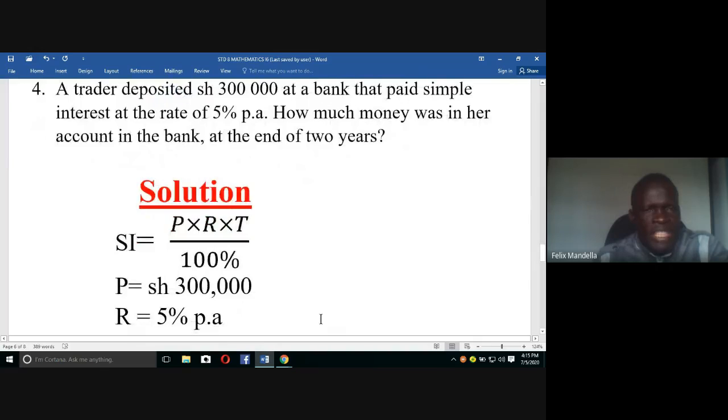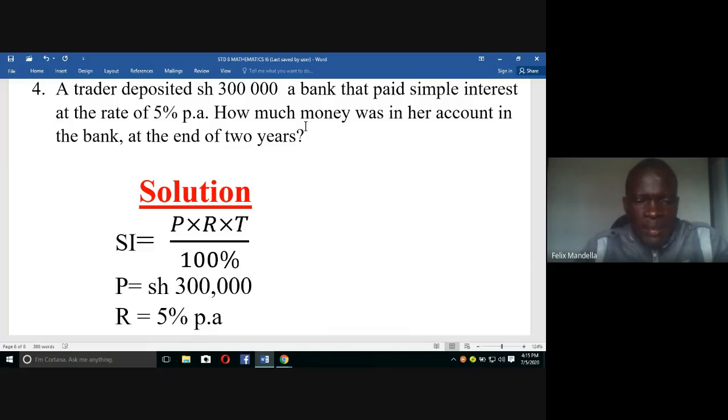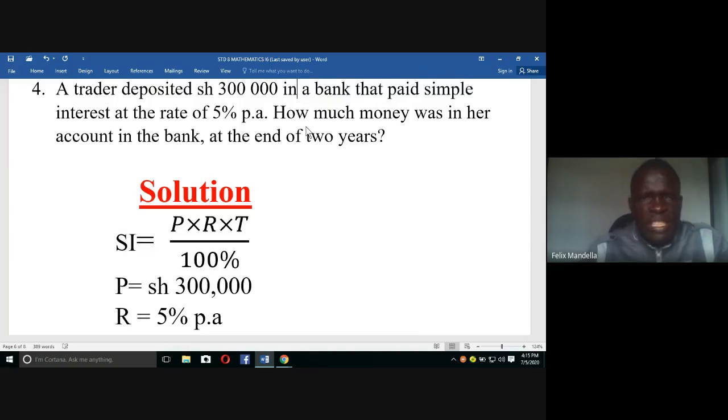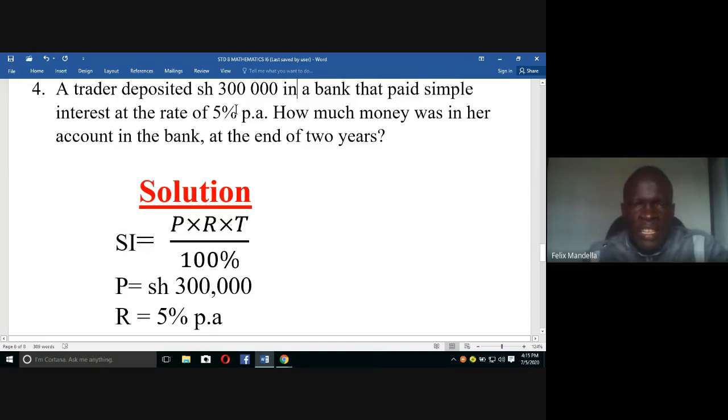A trader deposited 300,000 shillings in a bank, not at a bank. This one should be in a bank. A trader deposited 300,000 shillings in a bank that paid simple interest at the rate of 5% per annum.